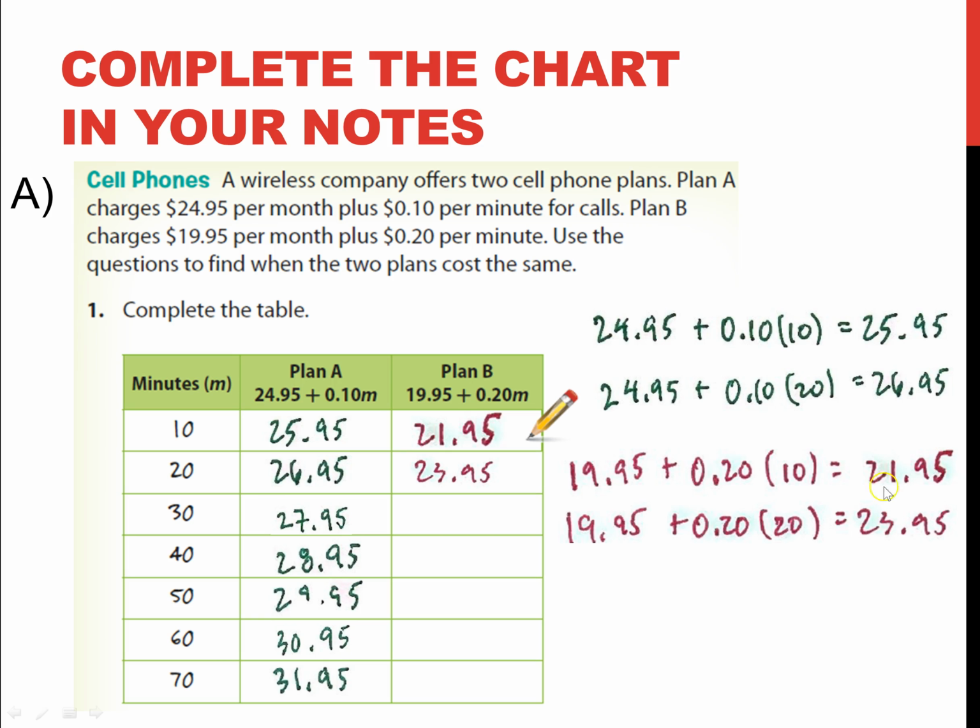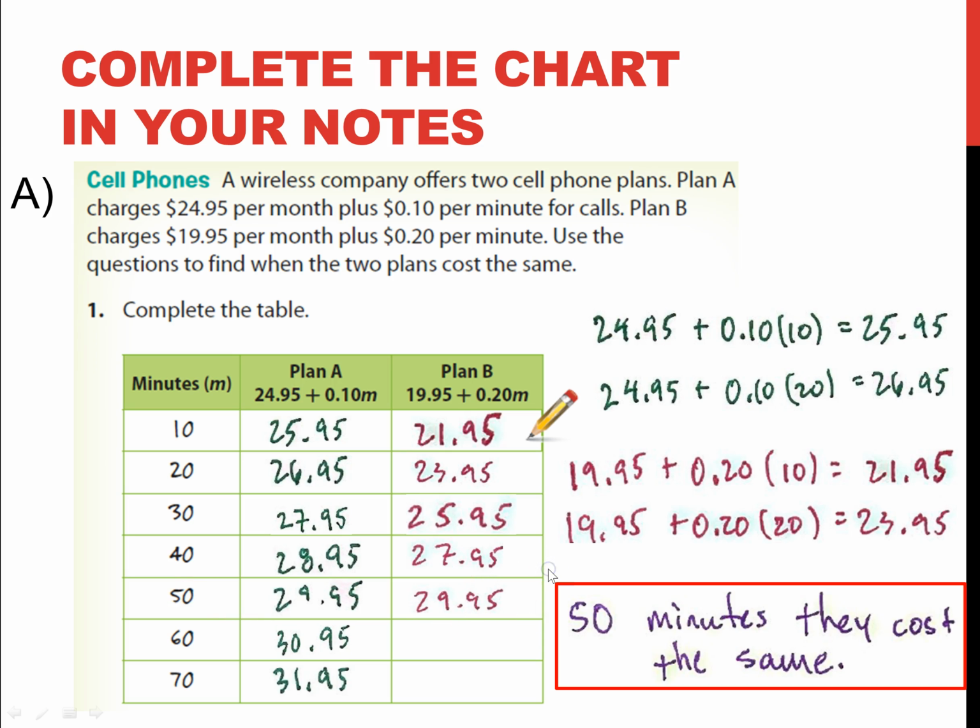Now I notice that these are just increasing by $2 every 10 minutes. So that lets me fill in the rest of my chart: $25.95 for 30 minutes, $27.95 for 40 minutes, and $29.95 for 50 minutes. That should sound familiar, because at 50 minutes, they cost the same, and that's what the question is asking me. So I'm not going to fill in the rest of the chart. I'm done. But there is another way to solve this problem.